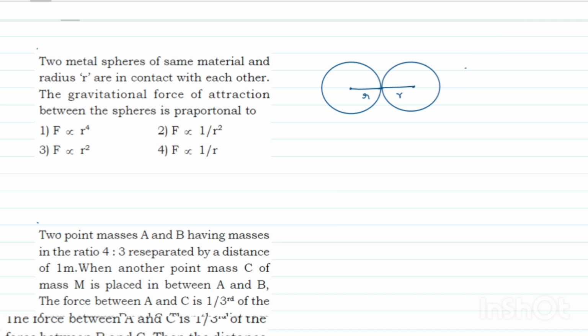R is the radius. Since the material is the same, the density can be taken as the same.